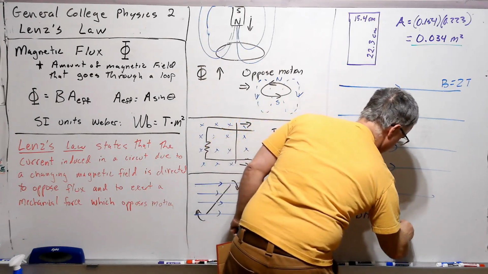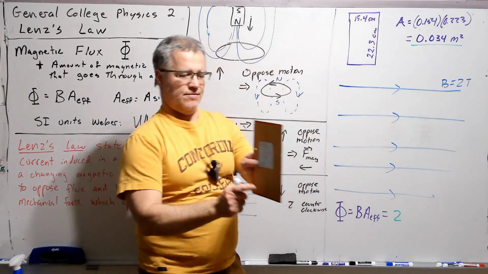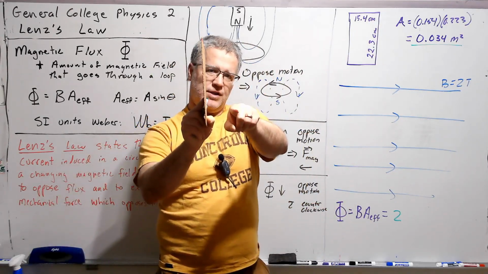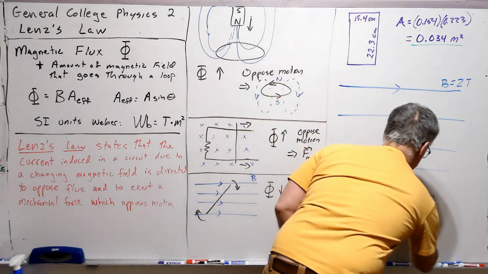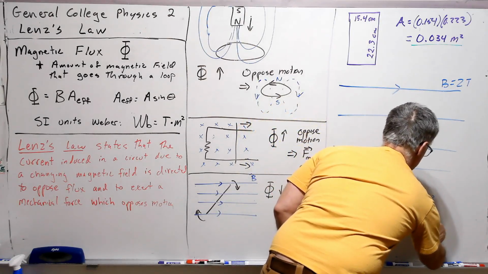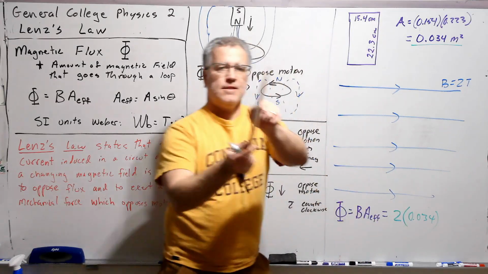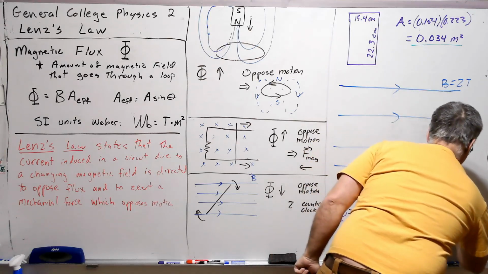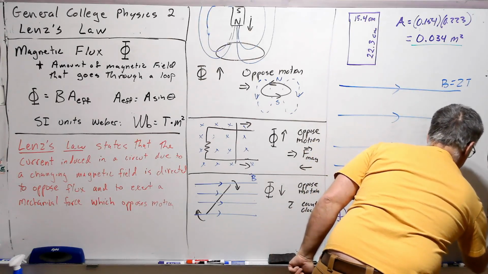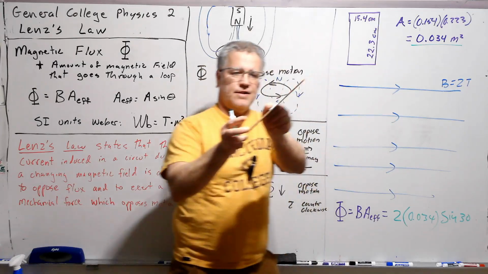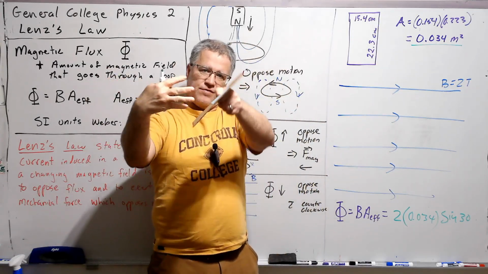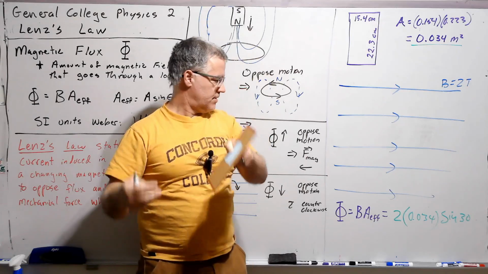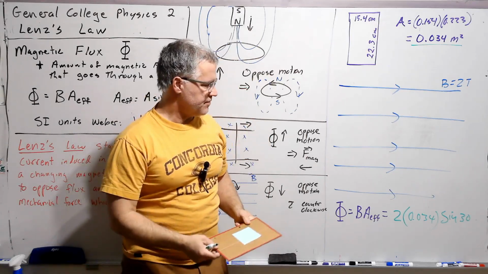We're going to have 2. For 90 degrees to the field, we would get the full amount. But here we're going to go to, say, 30 degrees. So we would have sine theta, in this case sine 30 degrees. So less is coming through. If it was 60 degrees, more would come through. 90 degrees, it all comes through.